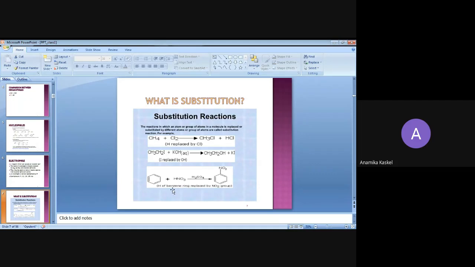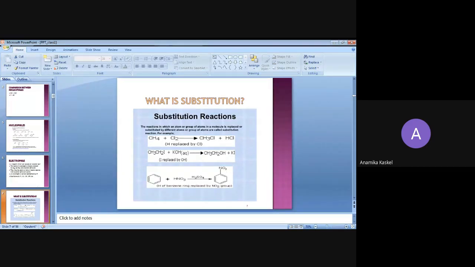That means the hydrogen of the benzene ring is replaced by the NO2 plus group. So I am discussing 3 examples: CH4 plus Cl2 giving CH3Cl, CH3CH2I plus KOH giving CH3CH2OH plus KI, and benzene plus HNO3 in the presence of H2SO4, giving the nitro compound.